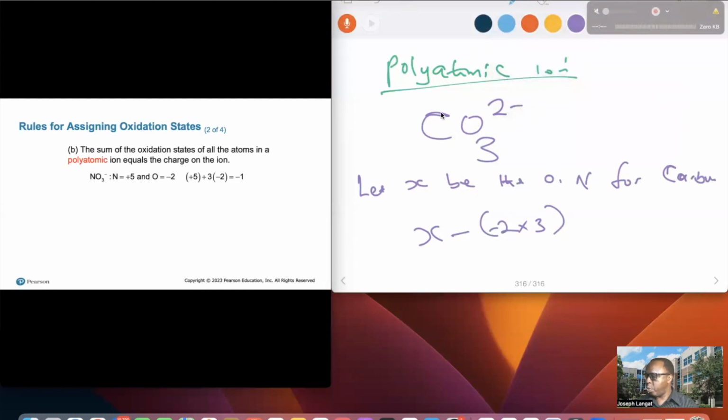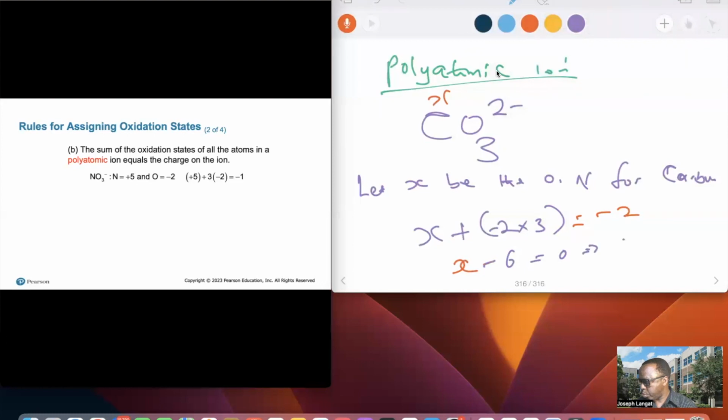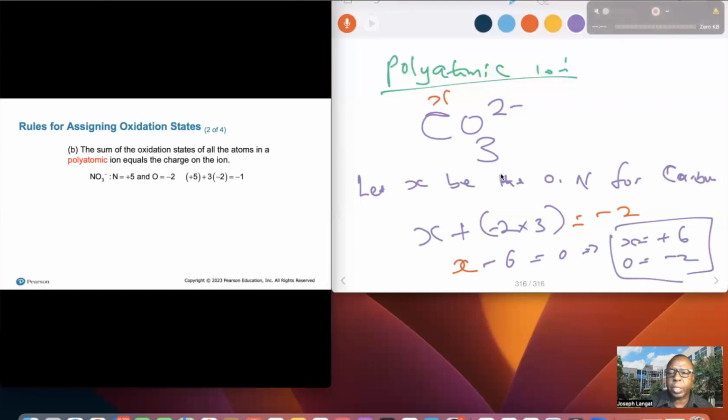We don't assign the first element, we don't know, it can be plus 4 or minus 2. So this equals negative 2, because we equate to the overall charge for a polyatomic ion. So X equals plus 4 and oxygen equals negative 2. This was asked to find the oxidation state for each element in carbonate.